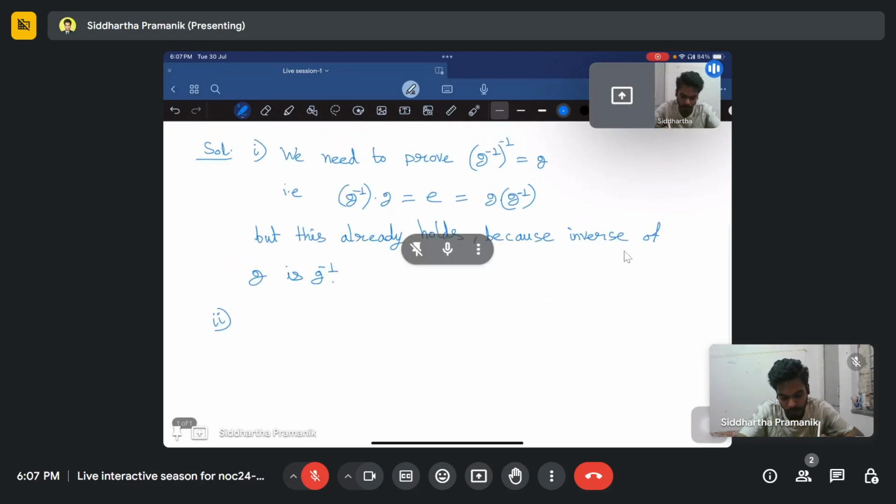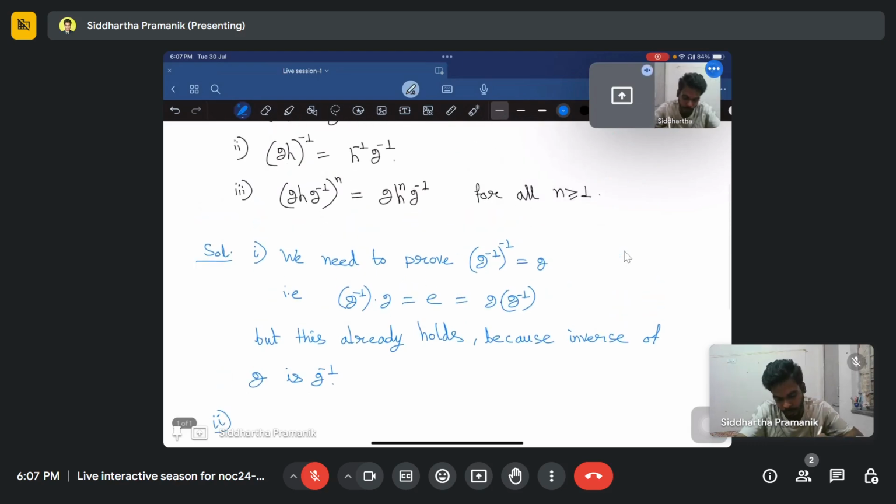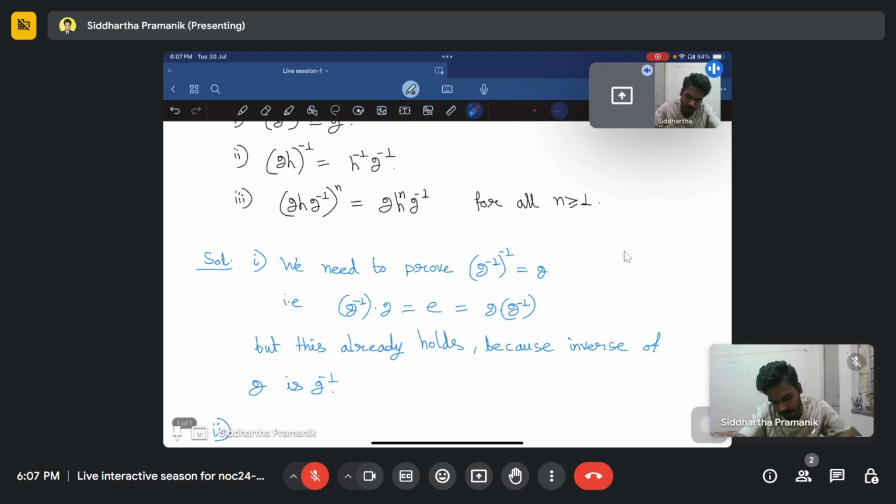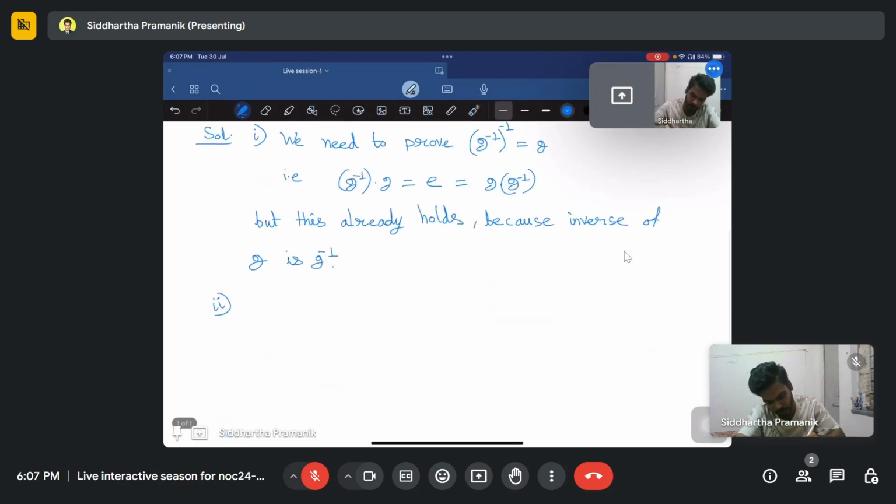So in the second problem, we need to prove the inverse of the element gh is nothing but h inverse g inverse. Okay. So we need to prove inverse of gh is same as h inverse g inverse, right?